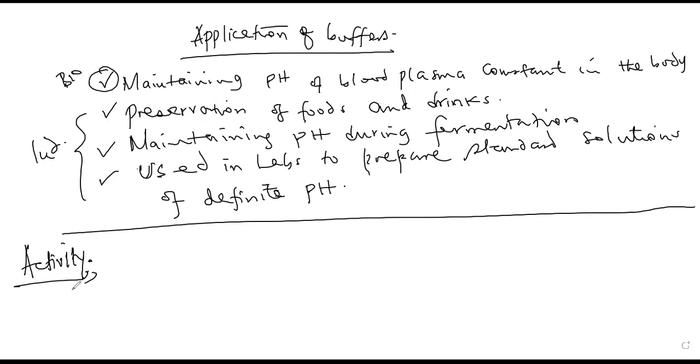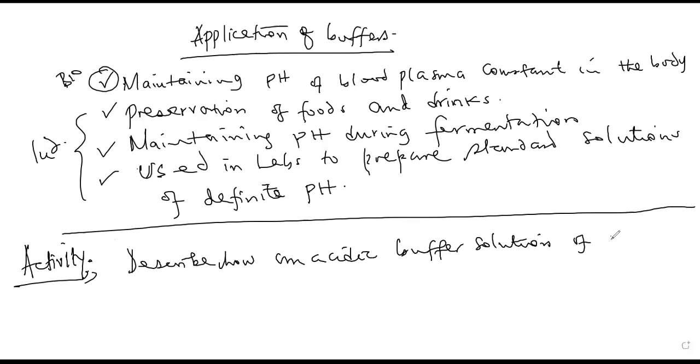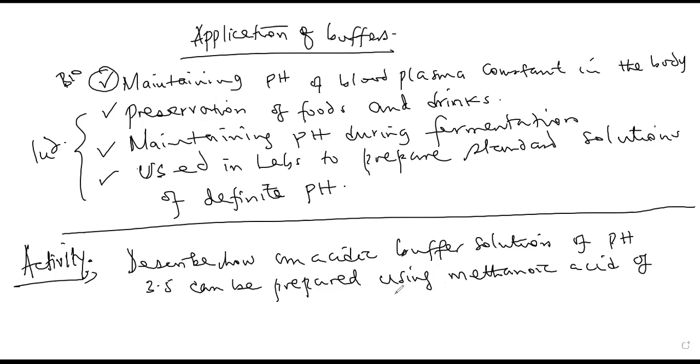Activity: describe how an acidic buffer solution of pH 3.5 can be prepared using methanoic acid, given that the pKa value of methanoic acid is 3.75.